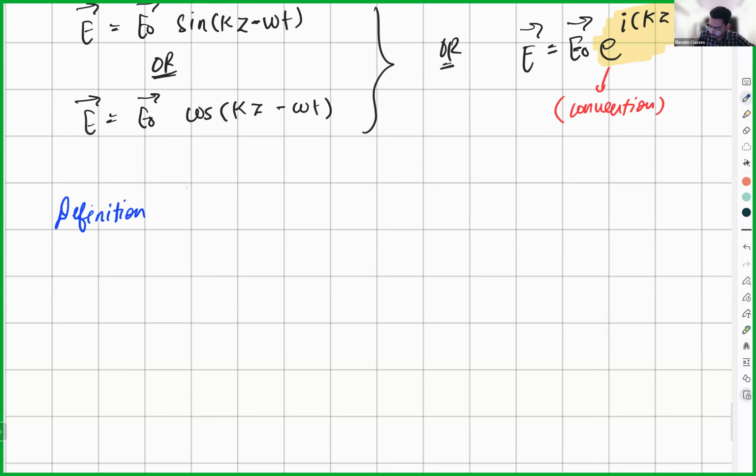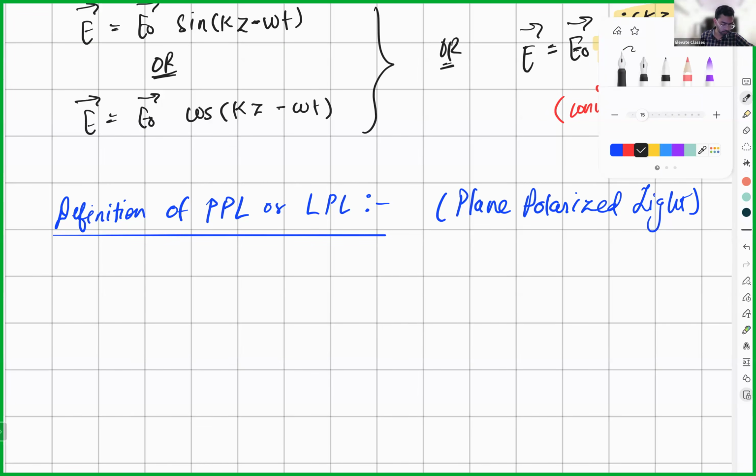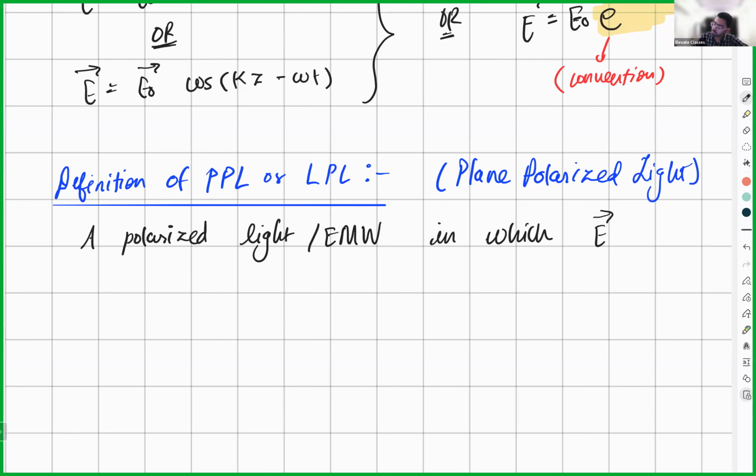Definition of plane polarized light or linearly polarized light: a polarized light or electromagnetic wave in which electric field oscillates along a single line, or you write electric field lies along a single line.